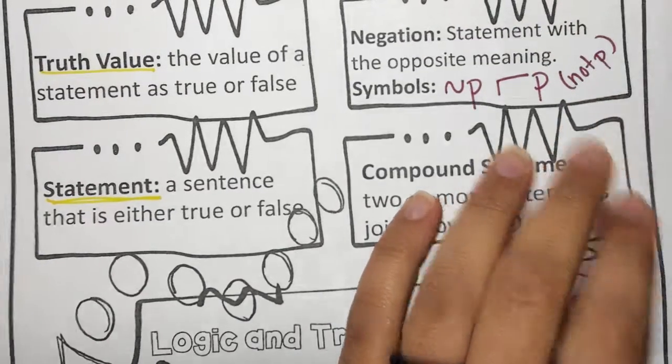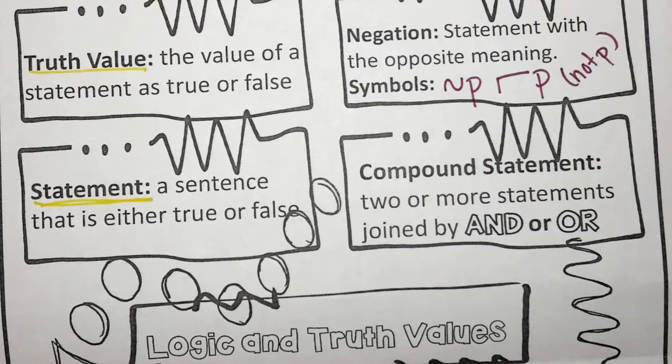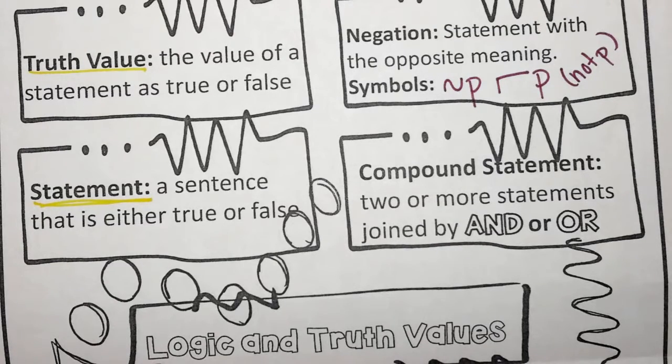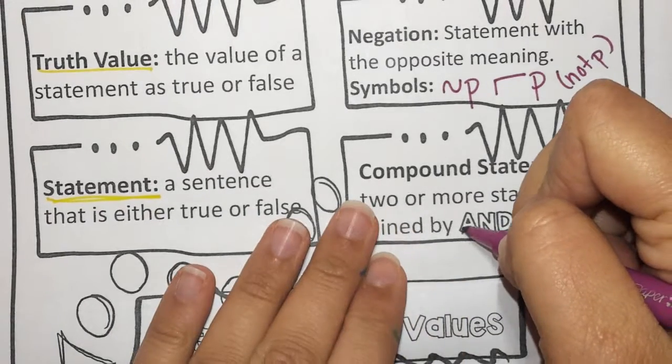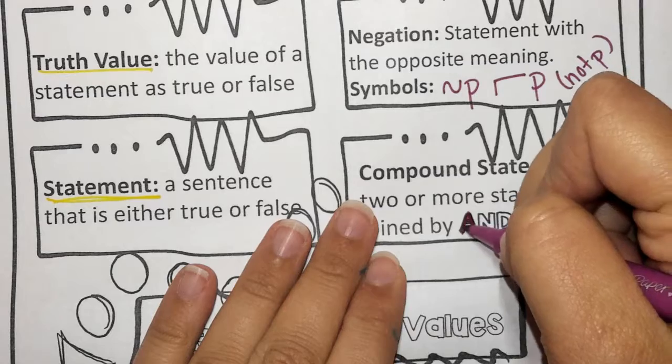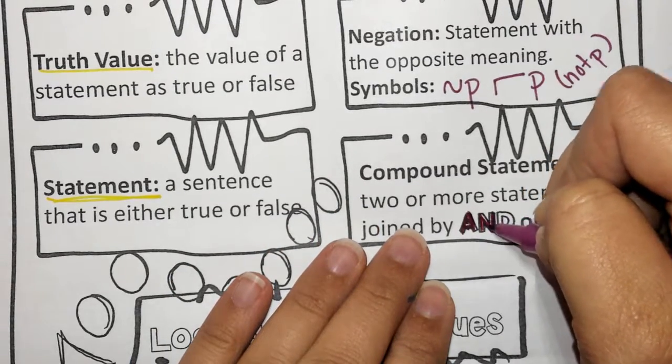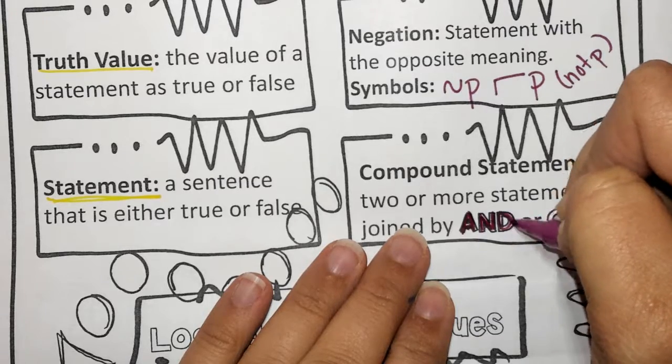So a conjecture or a statement has two parts. It has a P part and then a Q part. The P part is the first part, the Q part is the second part. That makes a compound statement. It is two or more statements joined by and or or.